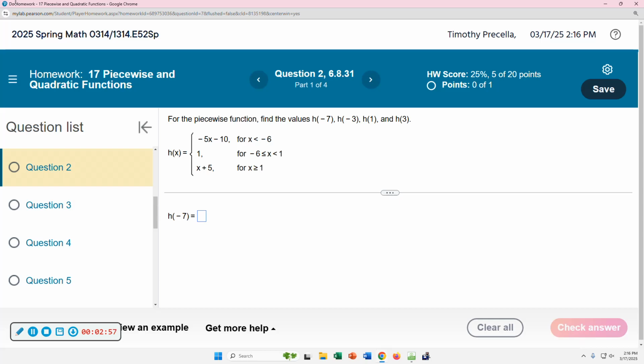And the last piece, the blue piece, x plus 5 if x is greater than or equal to 1. Let me make sure I don't miscopy this. Okay, negative 5x minus 10, x less than negative 6, 1, and it's okay.